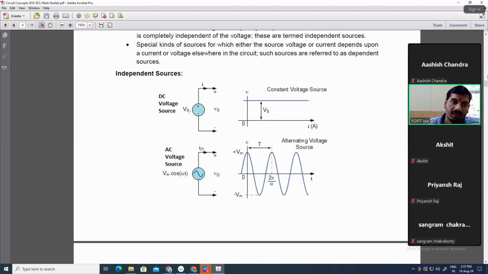Inside the circle, if we write plus minus, it will be considered a DC voltage source.